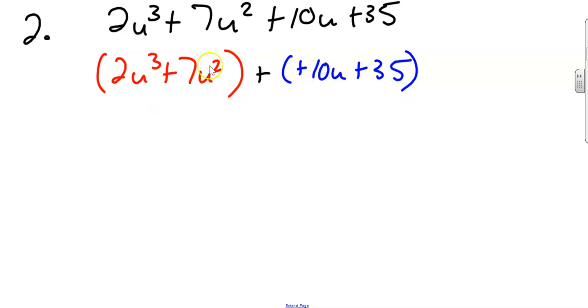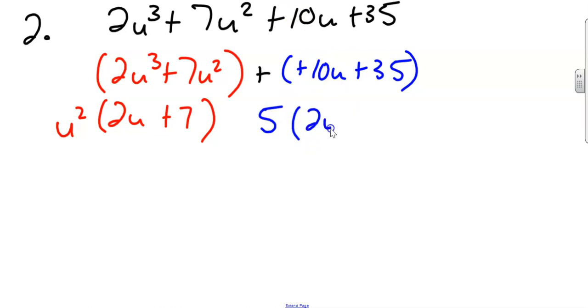All right, for these 2 terms, take out the greatest common factor, u squared. There 2 and 7 don't have anything in common, so there's no number you can take out, just the variable. Leaves you with 2u plus 7. 10u and 35, you can divide them both by 5.